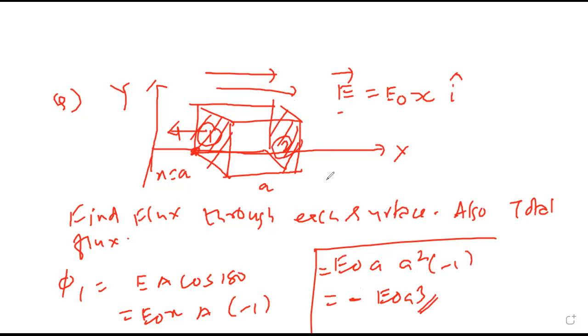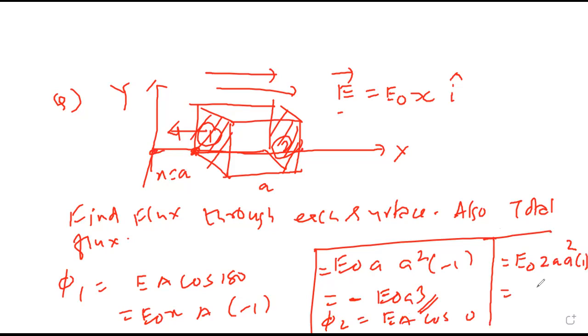And if I take the second, then phi 2 will be E A cos 0. E is E naught X, and from the start till this surface X will be 2A, and the area is A square, cos 0 is 1.